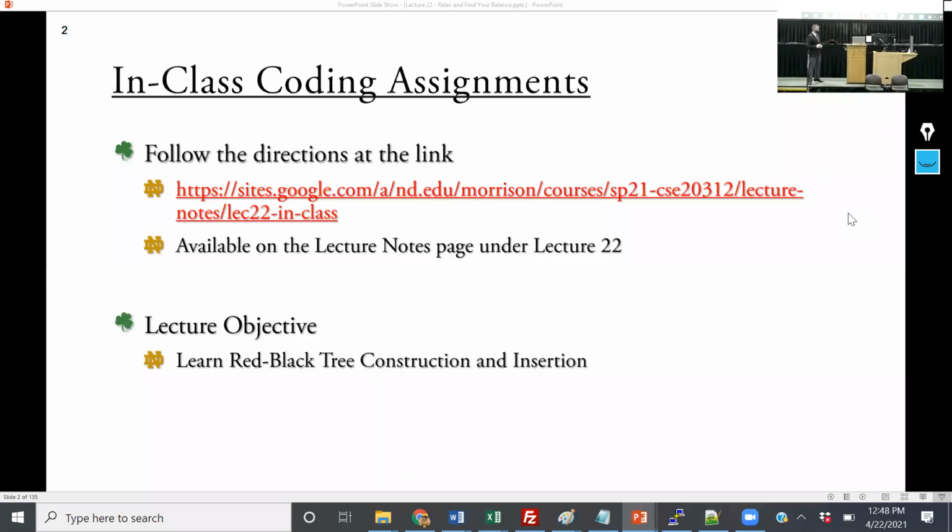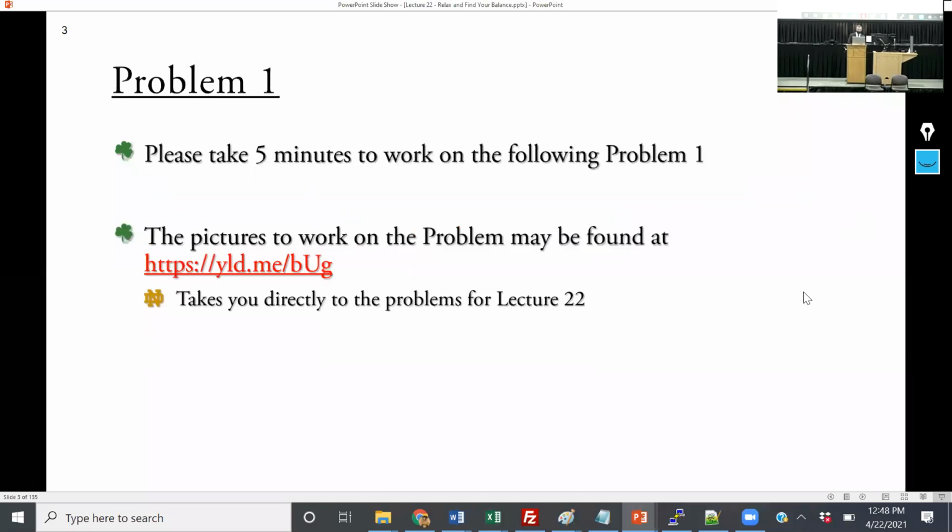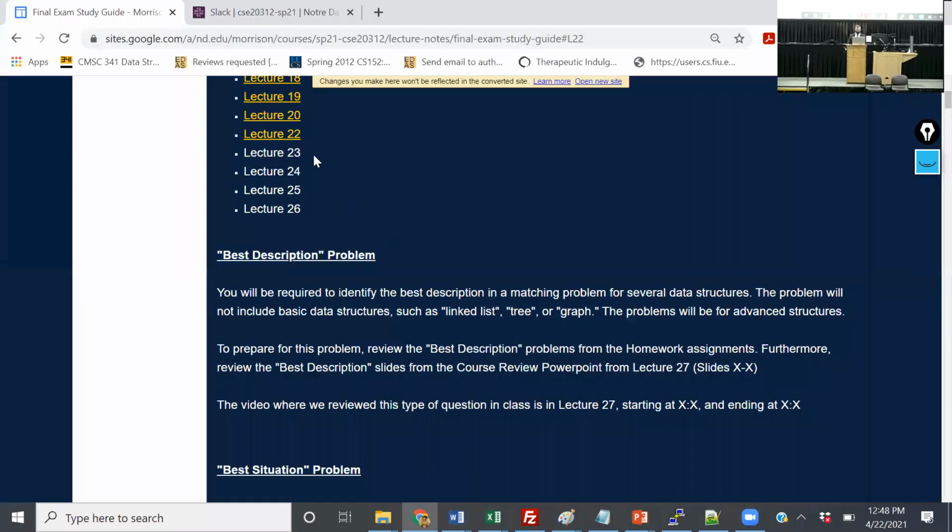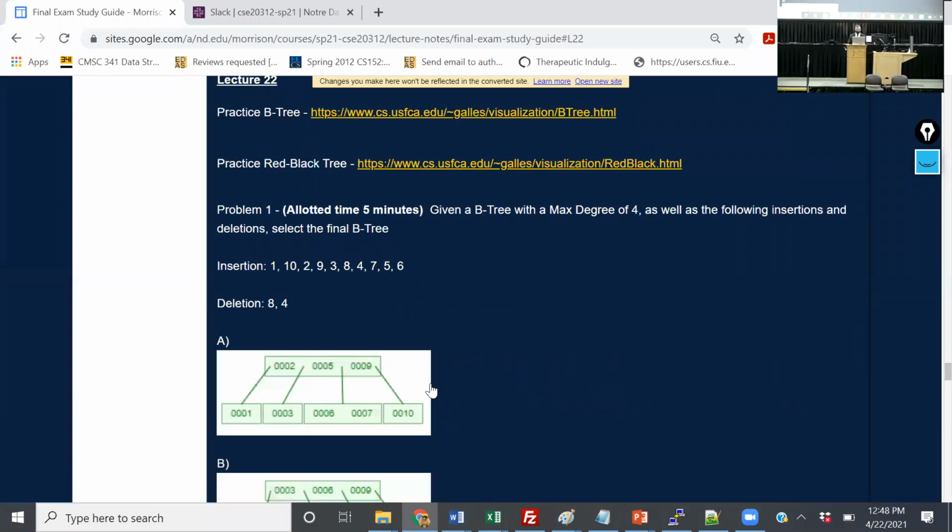The first thing I would like you to do is take 5 minutes and work on problem one. The short link, B, uppercase U and G, will take you to the final exam review page. When you click on that link, it will take you directly to lecture 22.